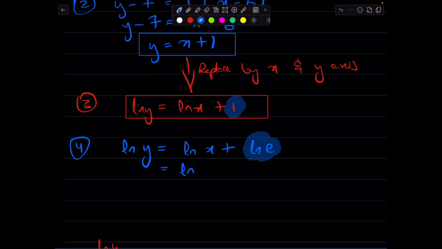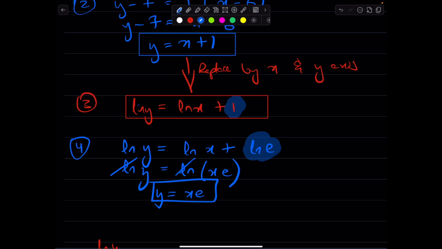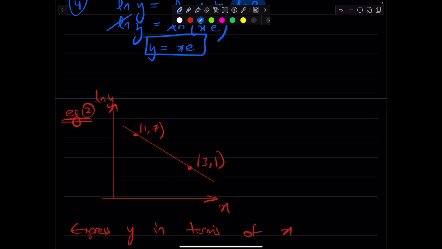And we have logs at the same base, thus we can multiply the powers since there is a plus sign in between, and we have ln y on the left hand side. Ln cancels out, leaving y is equal to x e. This is our answer.